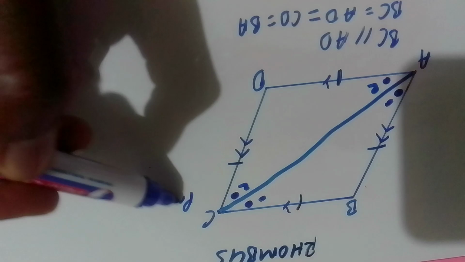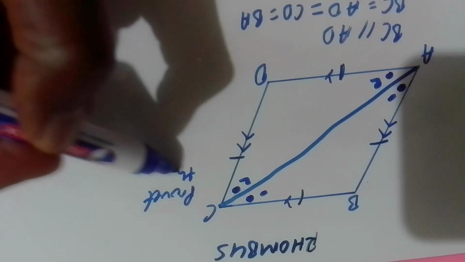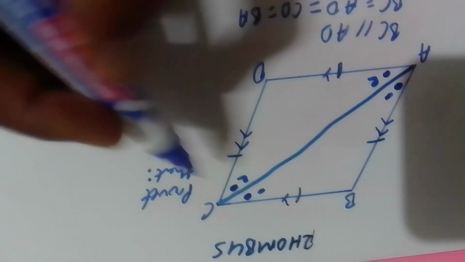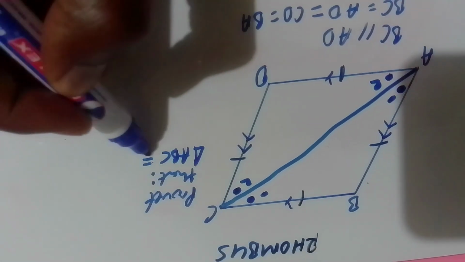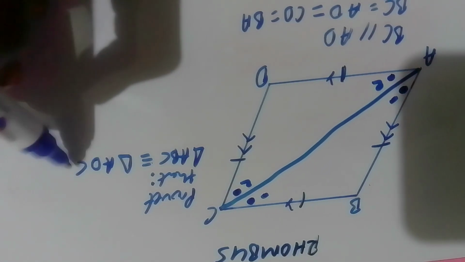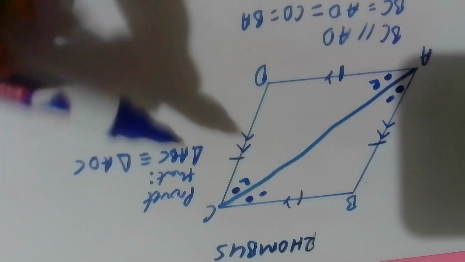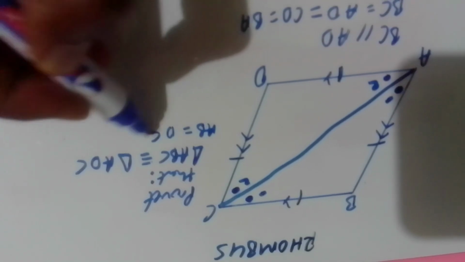If I'm asked to prove that triangle ABC is congruent to triangle ADC, I say AB is identical to DC.